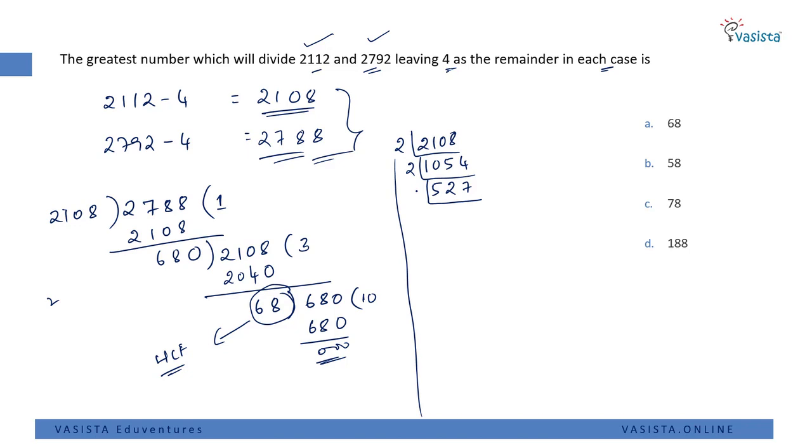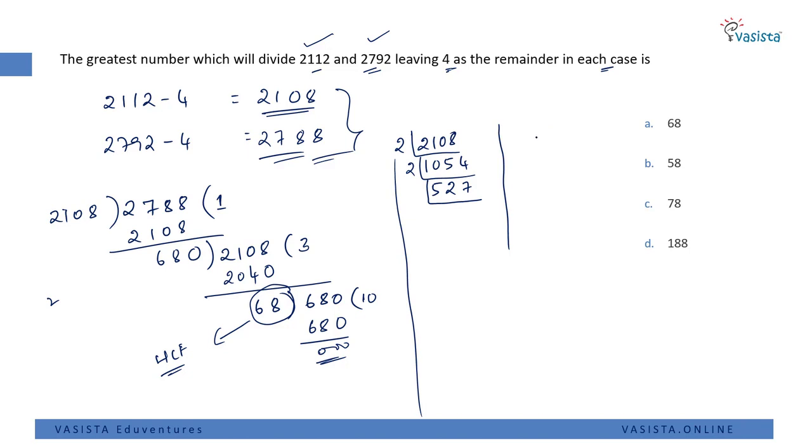Instead of that, this method you can easily do. 527 divided by 31, 68 divided by 2, is 34.